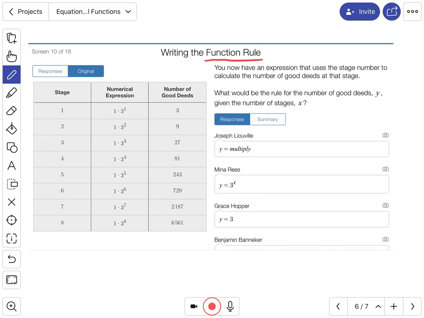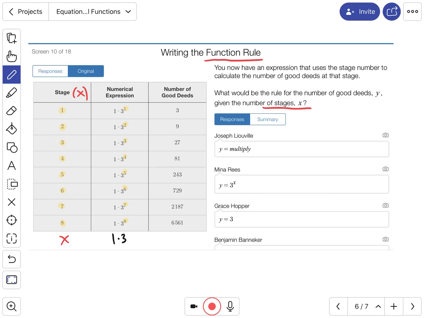So the function rule is going to be written in terms of x. So number of stages is x. So we could call this x. So if we leave this as x, notice that for every stage, the stage represents the exponent. So if I follow that pattern, notice that the 1 times 3 does not change.